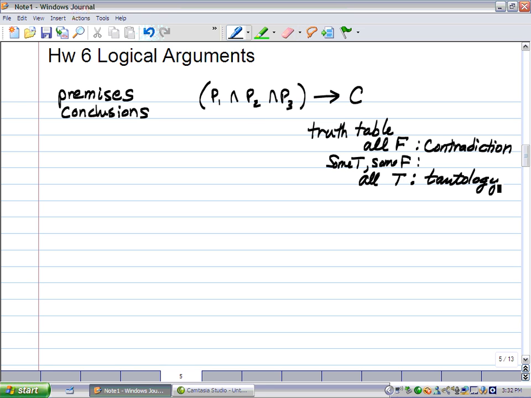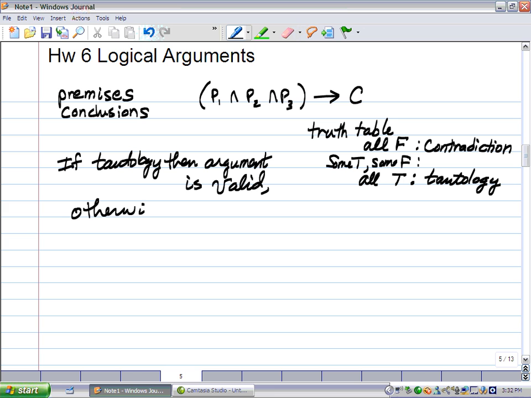If we have a tautology, the argument is valid. Otherwise, it is invalid.